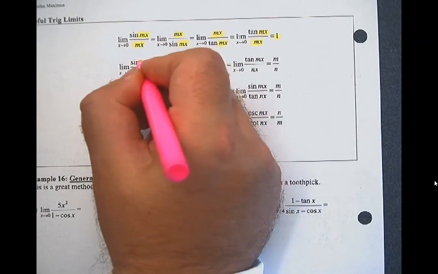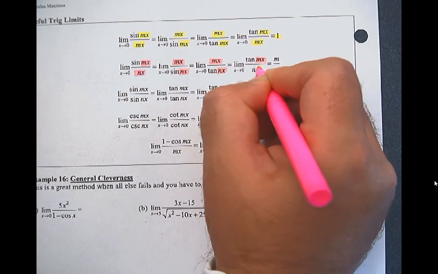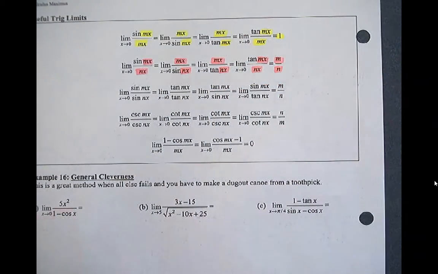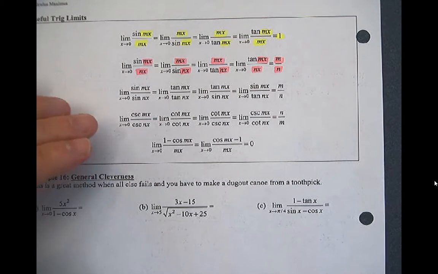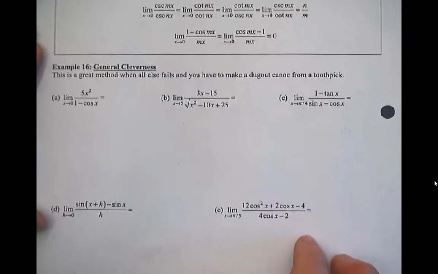When it's m over n, what's surprising, it doesn't matter if it's on the bottom or on the top. I guess with reciprocals, it ends up being m over n no matter what. I don't think this stuff is necessarily worth memorizing. I'd rather have people understand the idea, but it's up to you.